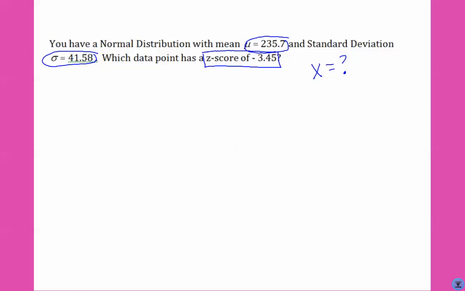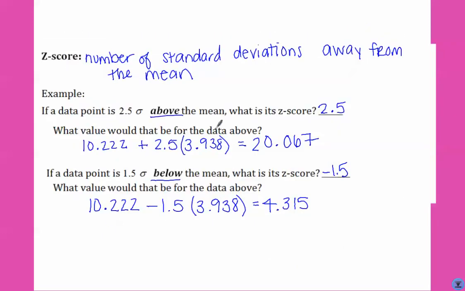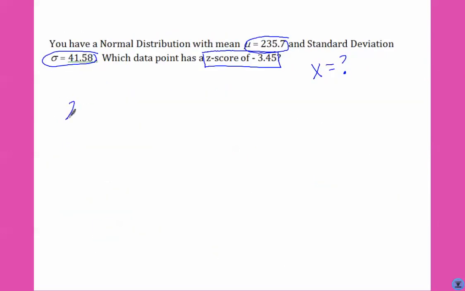Now, if you look back, these problems right here were asking for the z-score, right? And the numbers that we were using here were the data points. So what we're going to do is use the same idea. Take the mean.